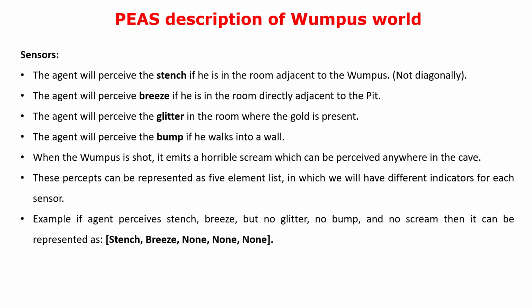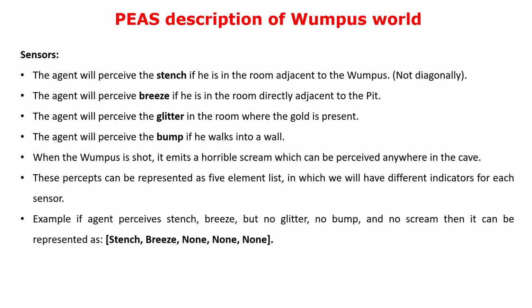The agent will perceive the glitter in the room where the gold is present. The agent will perceive a bump if he walks into a wall. When the Wumpus is shot, it emits a horrible scream which can be perceived anywhere in the cave.